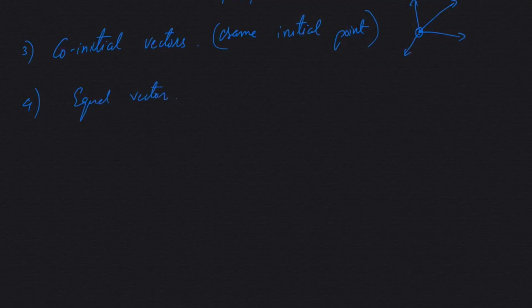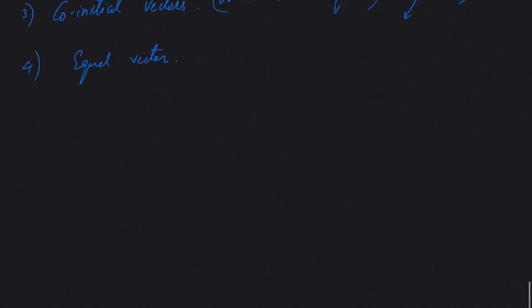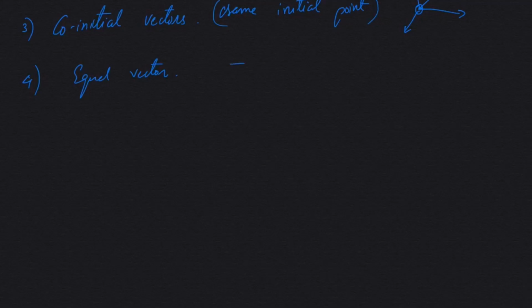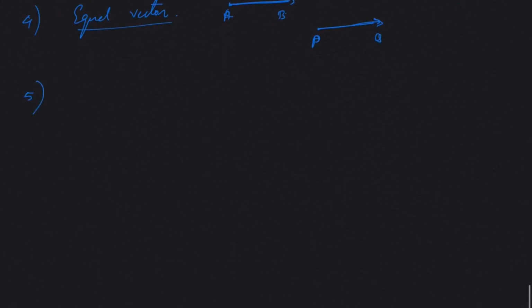Equal vectors are vectors which are equal in magnitude as well as direction, but that doesn't mean they will be at the same place. If this is my vector AB, then the other vector can be here also, PQ. As long as they are in the same direction with the same magnitude, they will be simply called equal vectors. Okay, negative vectors.